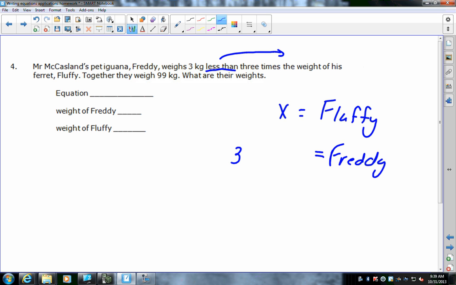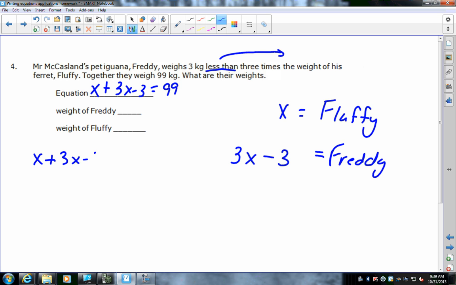So 3 times the weight of Fluffy minus 3. Very important, that less than and that arrow. Remember, I'm telling you over and over, it's going to be there. Now, together, their weights add up to 99. So I've got Fluffy, which is x, plus Freddie, 3x minus 3, and that equals 99.